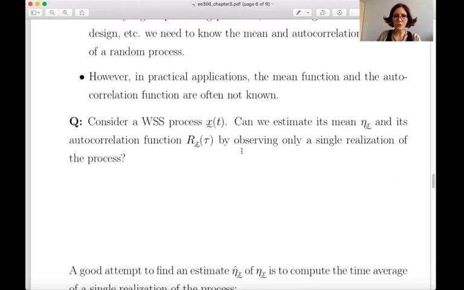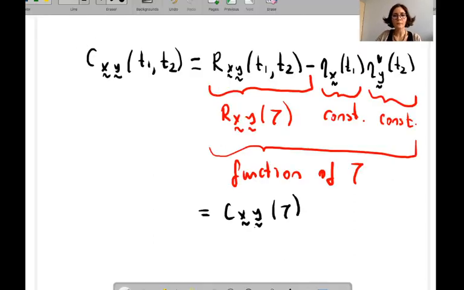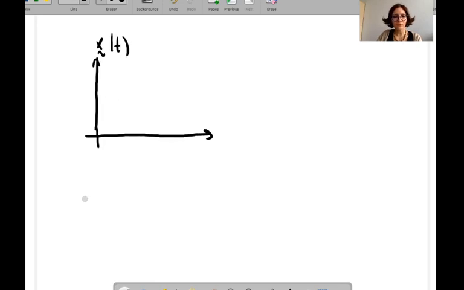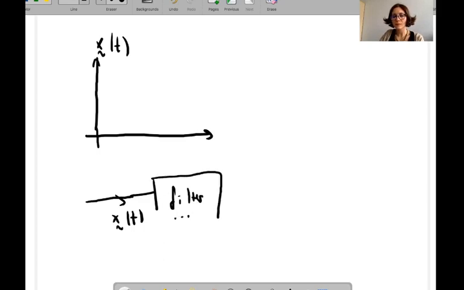In other words, the picture will look like the following. You have your random process x of t. The situation is like, okay, you would like to take this x of t, your input signal, maybe pass it through an LTI system or some filter. So there's some system that you want to design so that you get some kind of output.